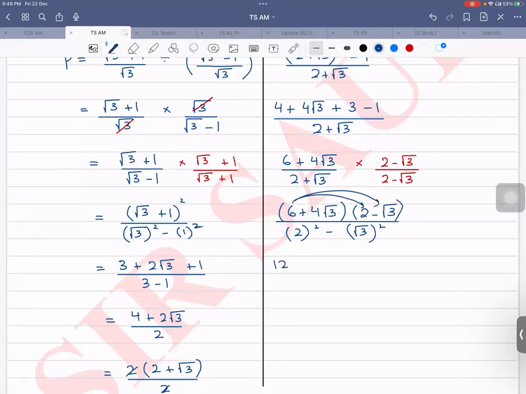Twelve minus 6 square root 3 plus 8 square root 3 minus 4 times 3 upon 4 minus 3.